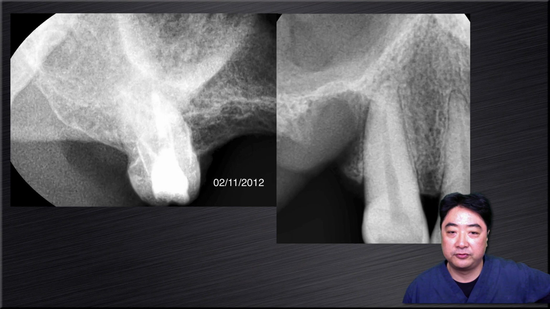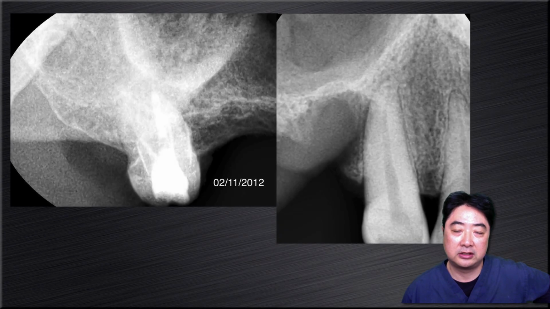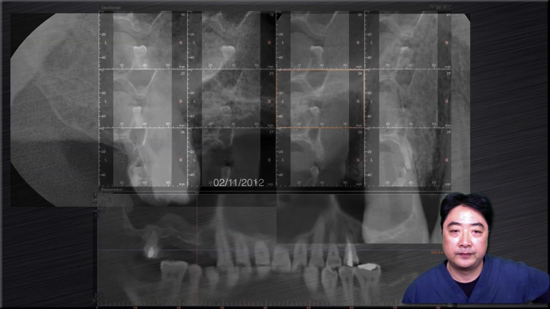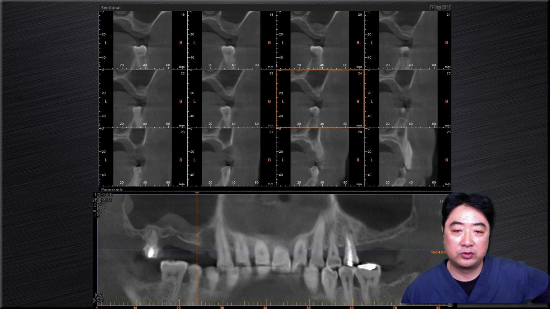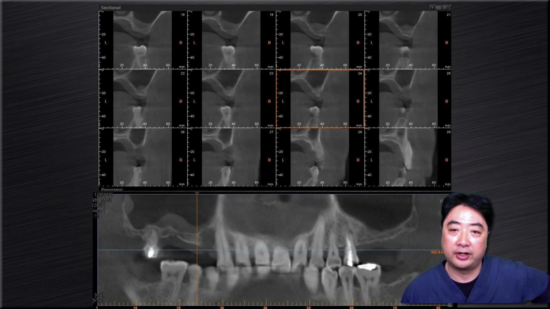From the periapical view, you can appreciate the bone defect on the number 14 area, where buccal and palatal bone was missing, and you can also see the inferior border of the maxillary sinus, and there's not much bone available for the posterior maxillary implant. From the CT scan, you can also appreciate the bone defect here and the small mucosal thickening in the posterior area. Other than that, everything looks normal.